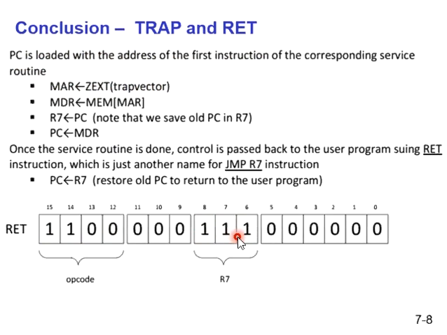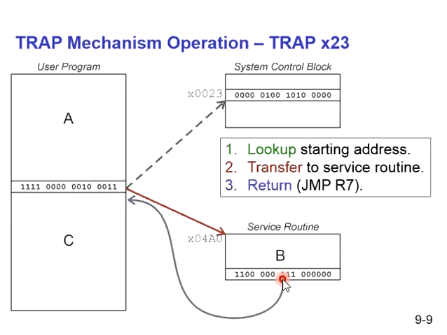So over here, we use return, and we don't need to write 111, that means R7. We don't need to write those 3 bits over here. When you write return, that means we must use R7. But when you use jump, you must write JMP R7 for this.